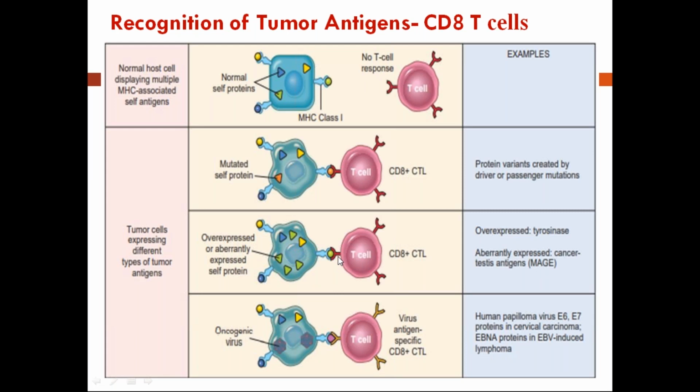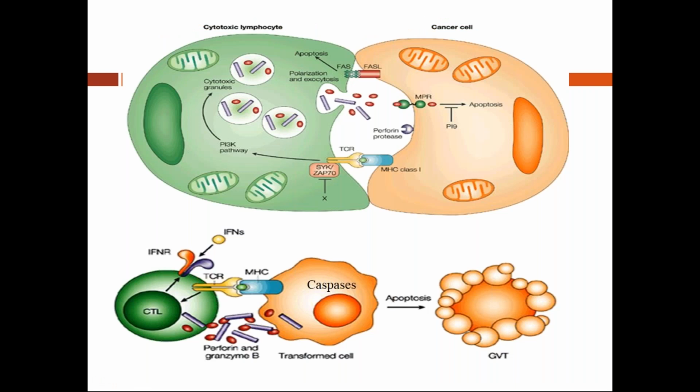In such cases, the protein is recognized by cytotoxic T lymphocyte, as well as it also recognizes the oncogenic viral proteins. Okay, so in all these cases, the immune cell of the body recognizes the tumor cells and destroys it. Now, how does it destroy?